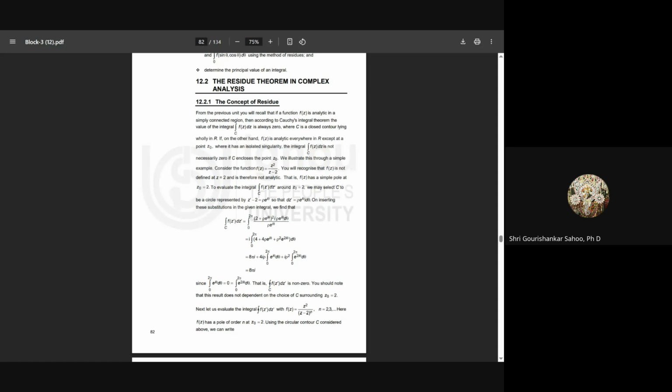If on the other hand, f(z) is analytic everywhere in R except at point z0, where it has an isolated singularity, the integration over C of f(z) dz is not necessarily 0 if C encloses the point z0. So you can see this through a simple example.